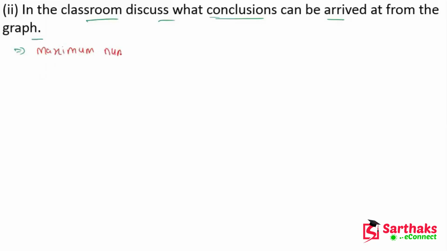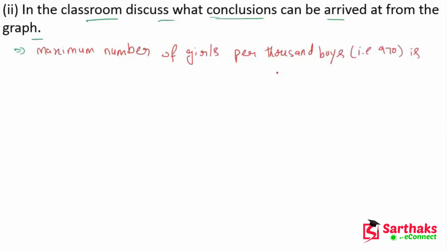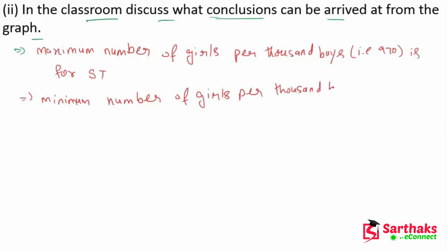maximum number of girls per 1000 boys, that is 970, is for ST, means scheduled tribe, and minimum number of girls per 1000 boys, that is 910.